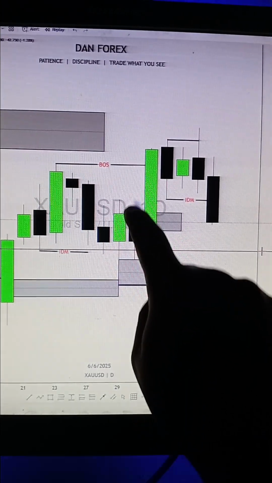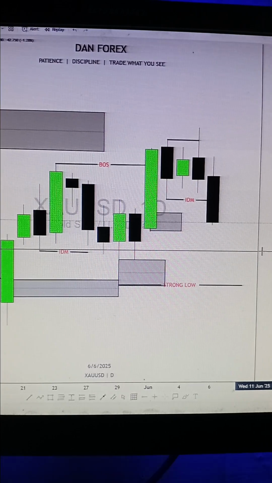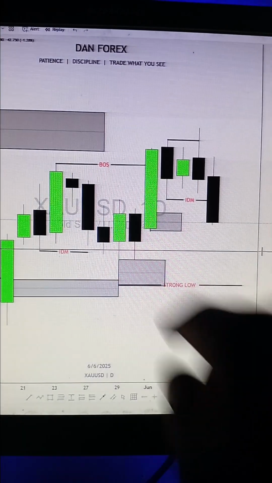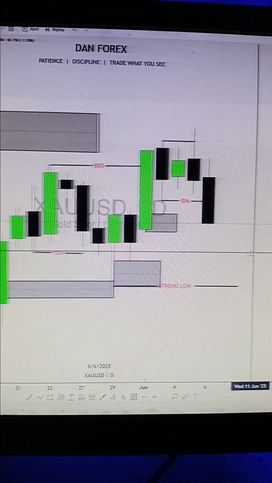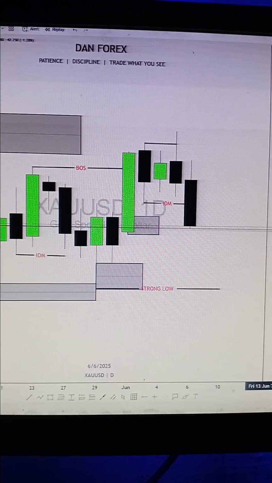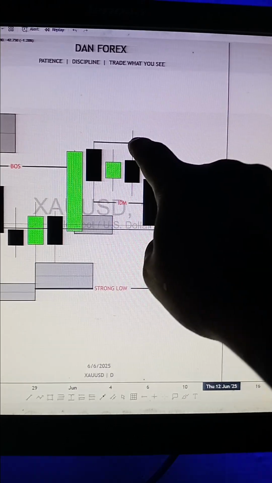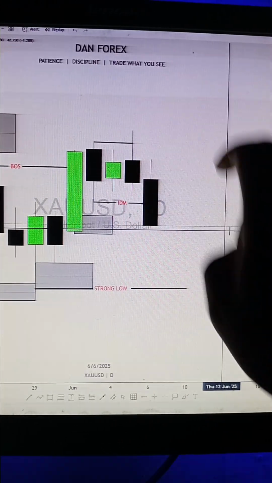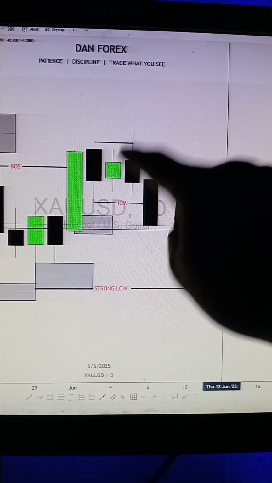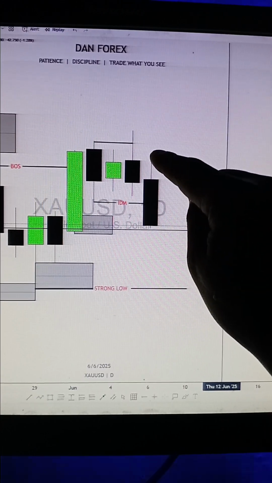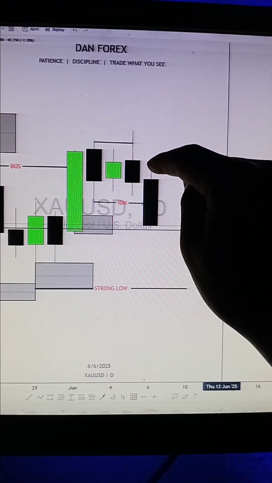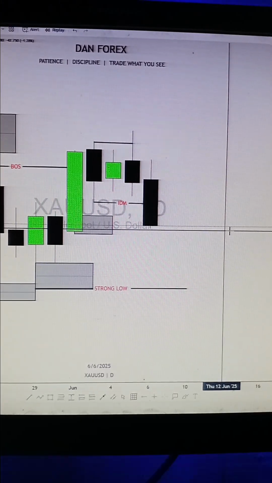So if we manage to sweep the high, we are supposed to be looking for sales. That's why on Friday we only concentrated on sales.